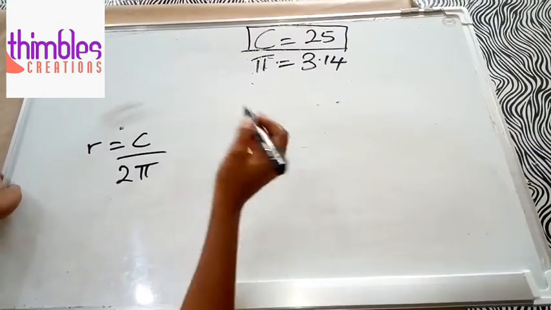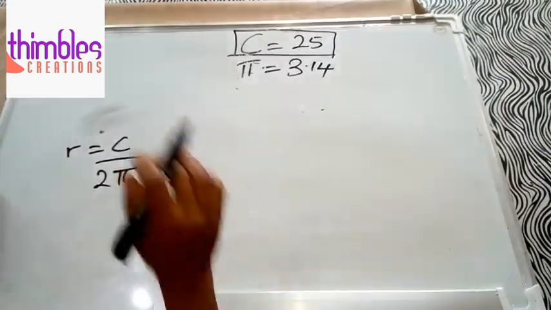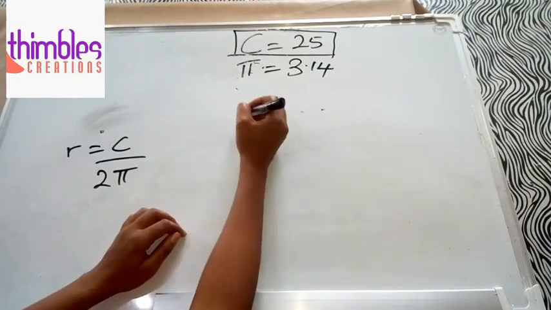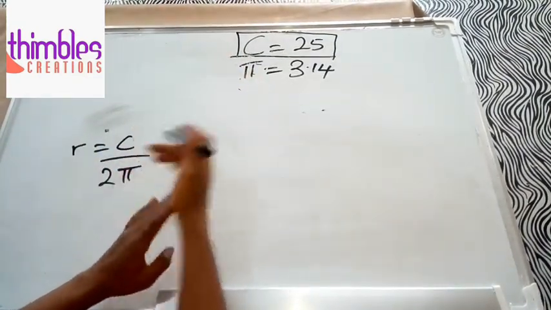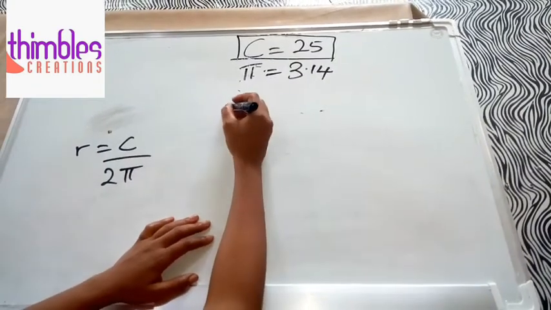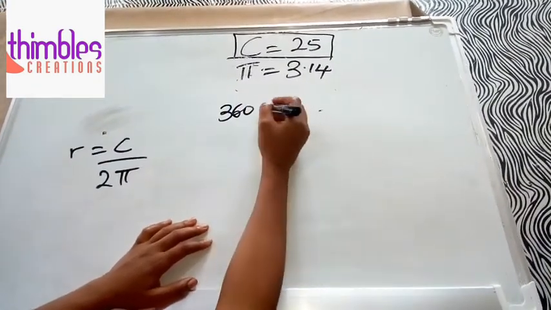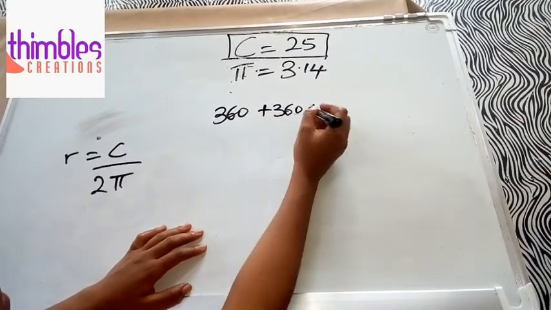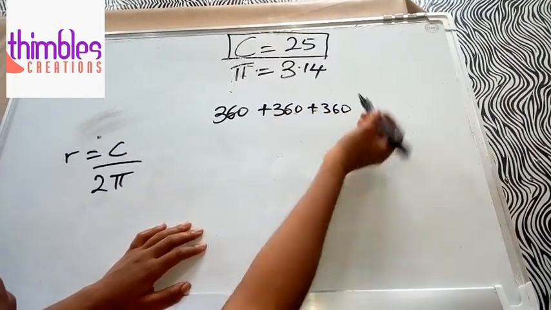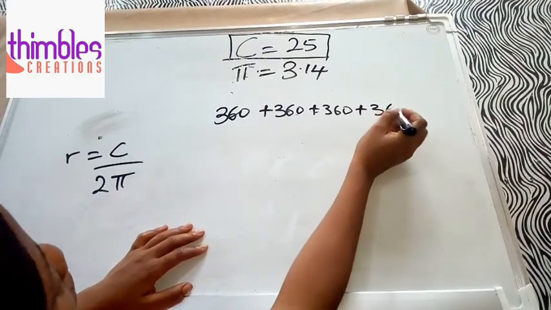And our 1440 degrees flare is just what? 4 full flares. That is 360 degrees into 4 places. 360 degrees plus 360 degrees plus 360 degrees.